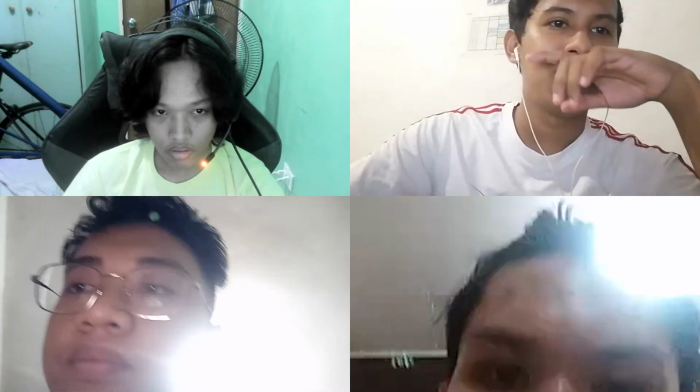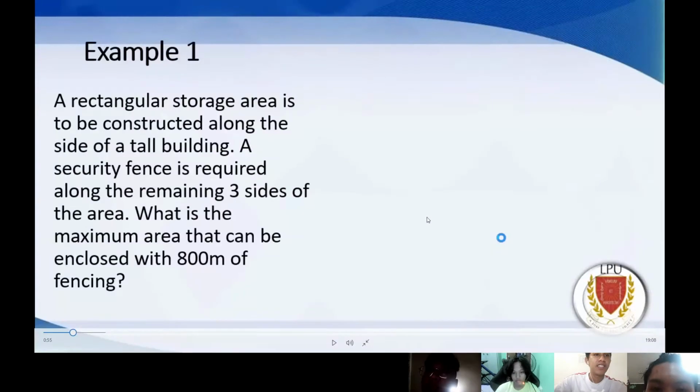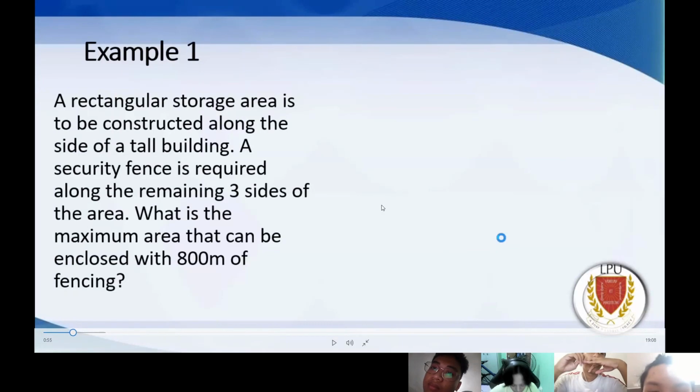Wait lang, bago mag-start, Miss, kaya hindi kami nakakapag-notepad kasi lahat kami naka-cellphone lamang. Yun po. Pasensya na. Ilan po, Miss?